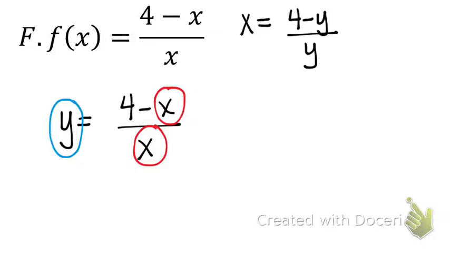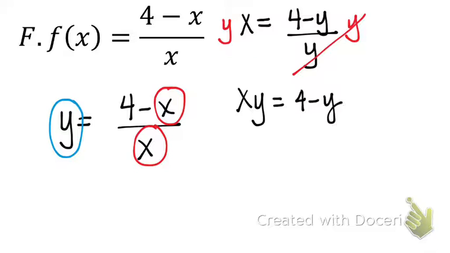So our first step is going to be, we're going to multiply both sides by y, because when I multiply both sides by y, that's going to cancel out my fraction. So I'll have xy equals 4 minus y.